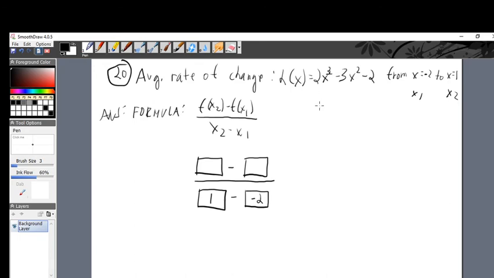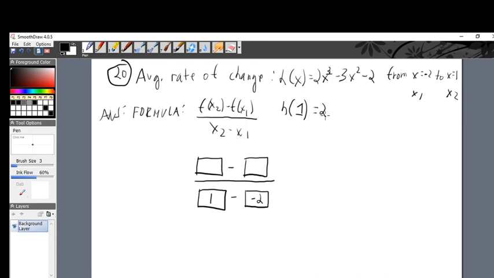Now, we need to find out this is h of x, right? So we need to find out what is h of, in other words, f of x1, we can also call it h. So we need to find out what is h of x2, right? H of x2. What's x2 for us? The number 1. So fill in a 1 in there.